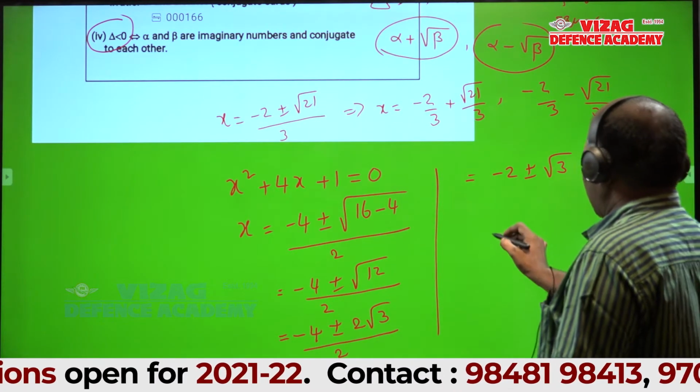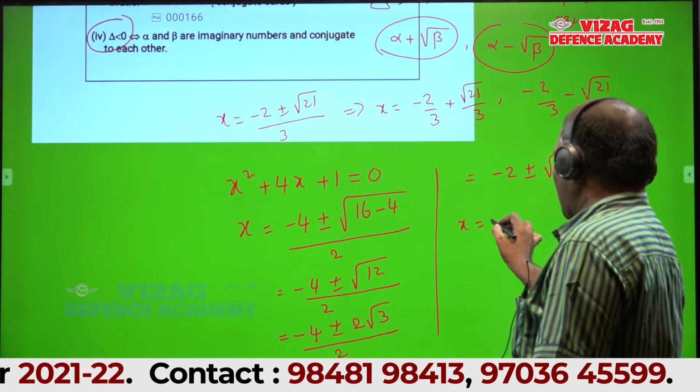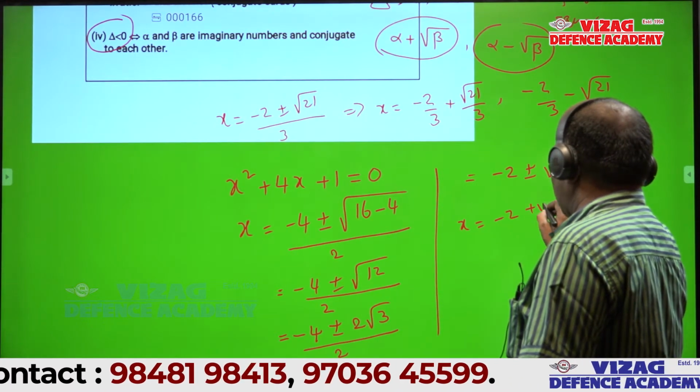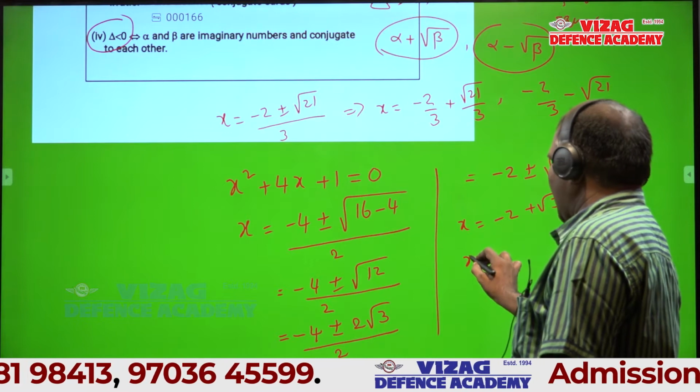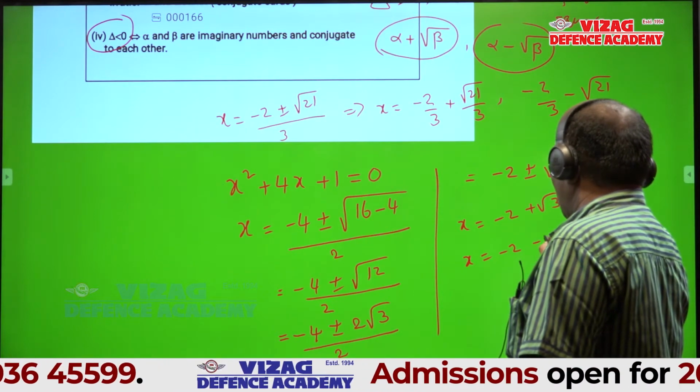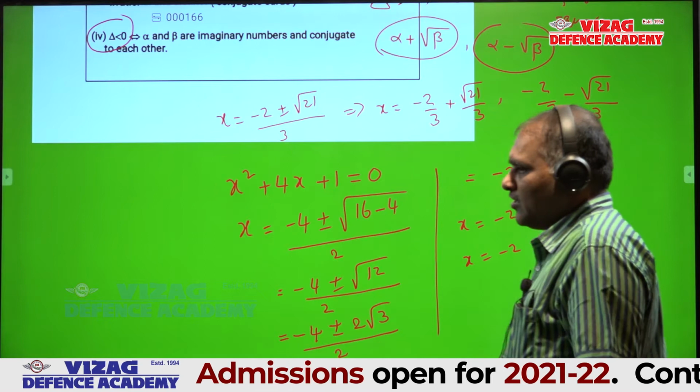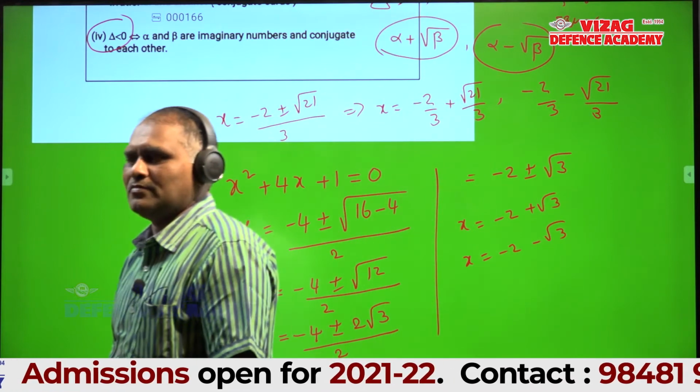Therefore, what are the x values? One x value is minus 2 plus root 3, another x value is minus 2 minus root 3. Do you understand? Yes, sir.